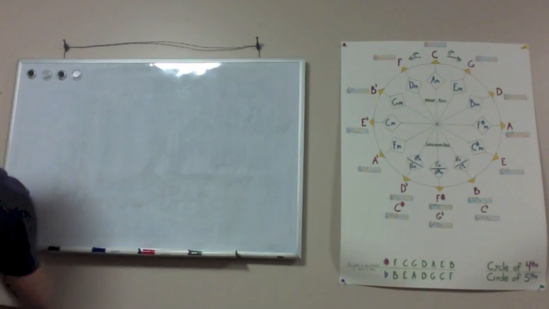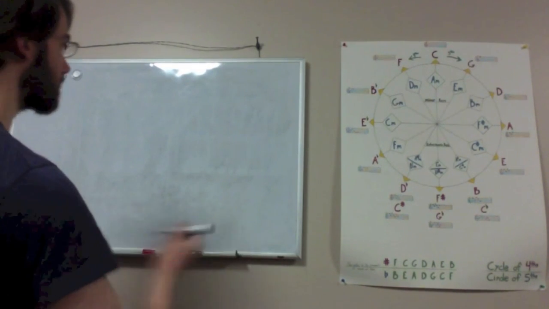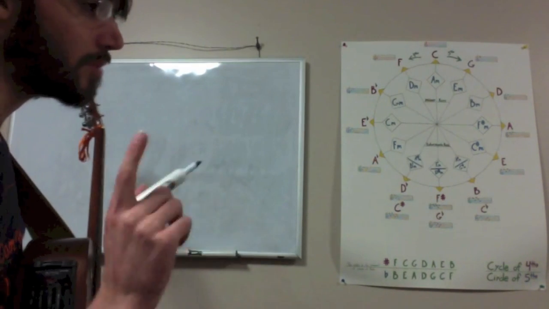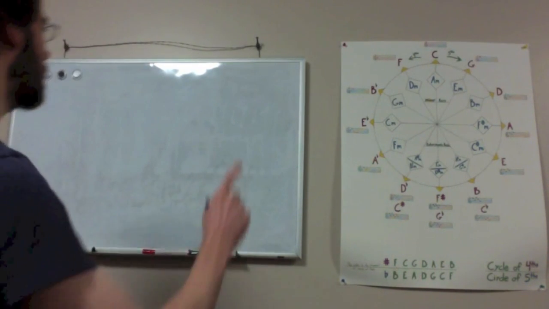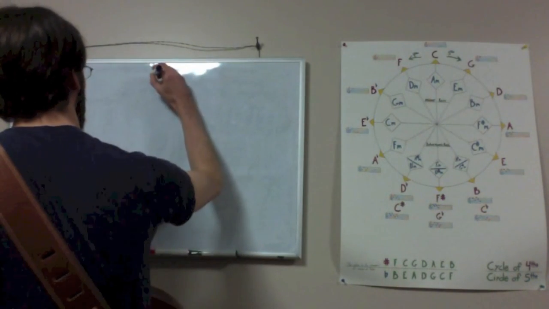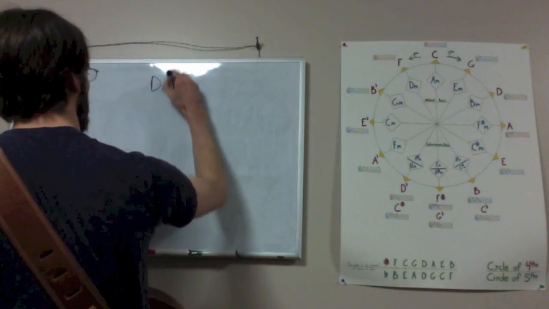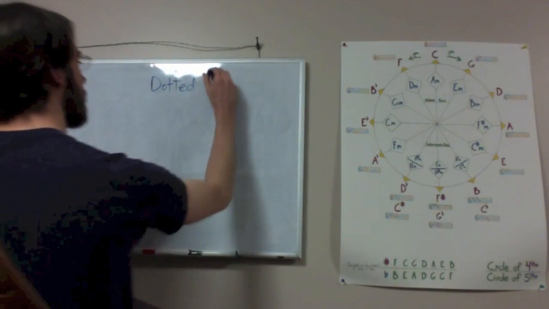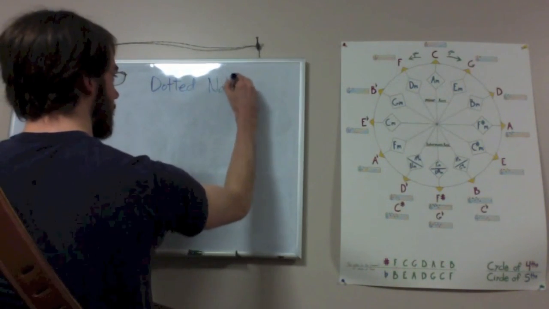Let's look at the dot first. So, we're going to talk about some more math, so I hope you're ready. But I promise it's easy. Easy math. So, a dotted note: you can take any note that we've currently talked about, and you may add a dot to it.